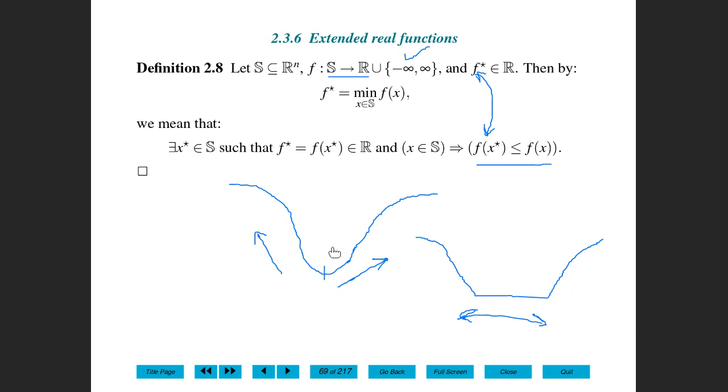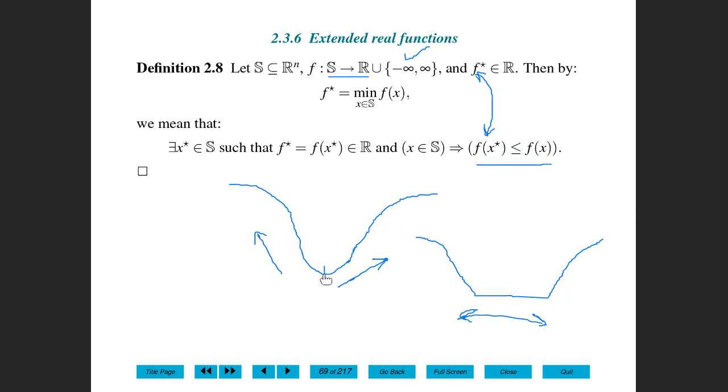For the first one, we will say that this is a strict minimizer. And for the other one, we can't say that this is a strict minimizer. Strict minimizer also means that this is unique.